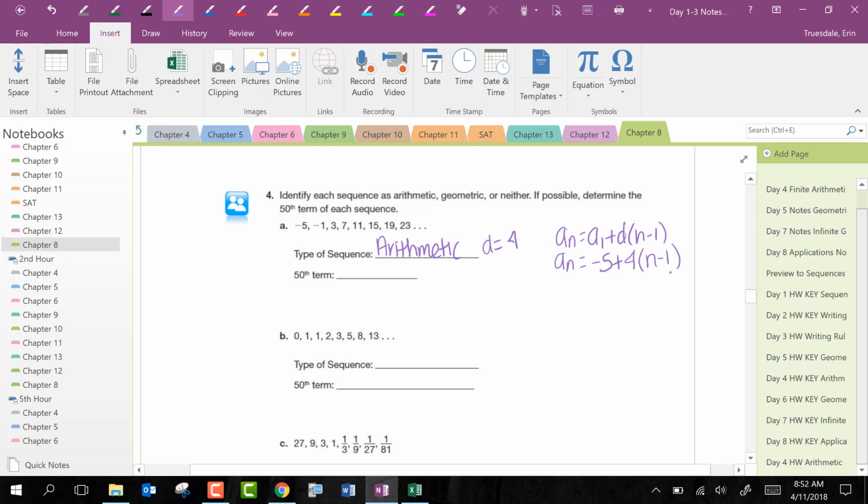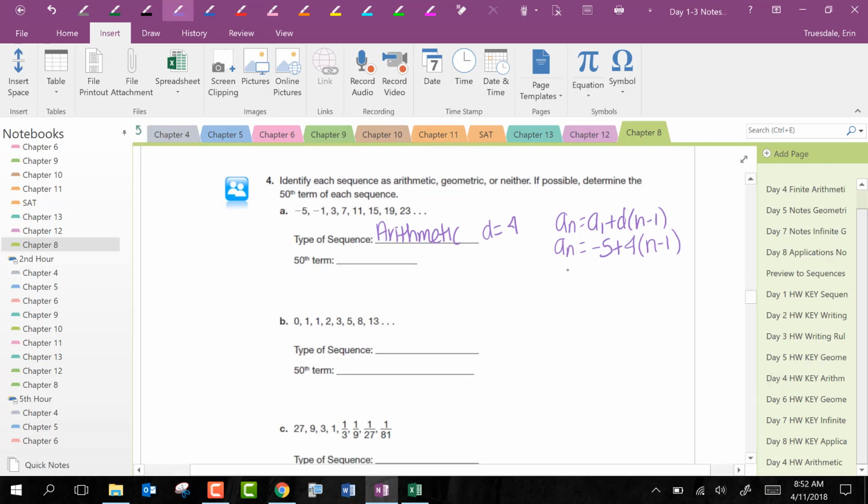Okay, so I'm going to simplify so I have a general rule, and then I can plug in 50. So an equals -5 plus, I distribute the 4, 4n minus 4. And then combine your like terms. So an equals -9 plus 4n. That's your general rule. That's going to generate any term you want.